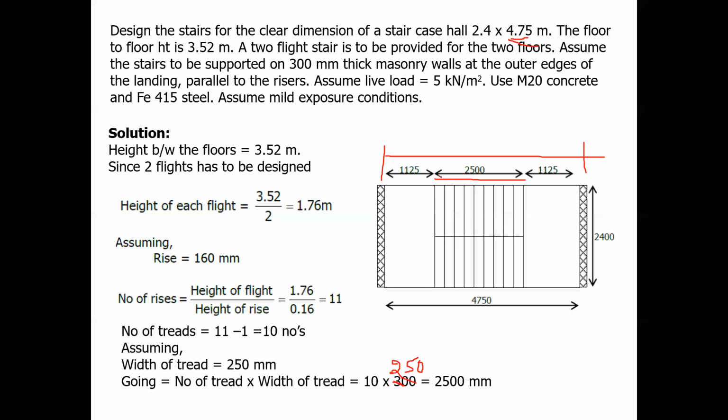So it is divided, that is 4.75 minus 2.5 by 2, the remaining part. Understood? Any doubt in this? Is that clear for everyone?